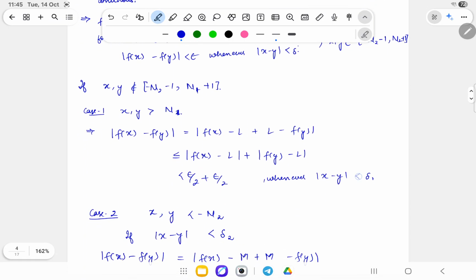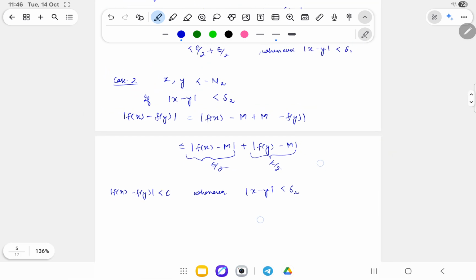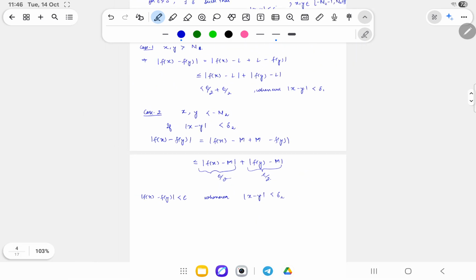So from here we got that |f(x) - f(y)| is less than epsilon whenever |x - y| is less than delta 2. So this is case number 2. In this case also my function f(x) is uniformly continuous.